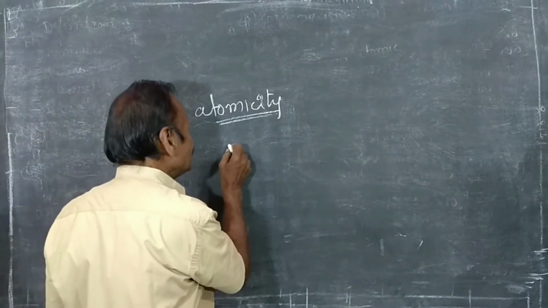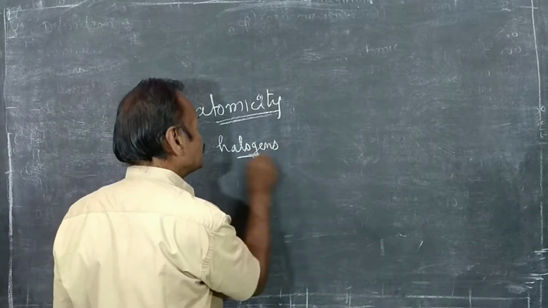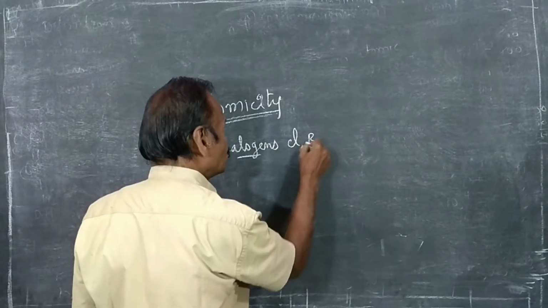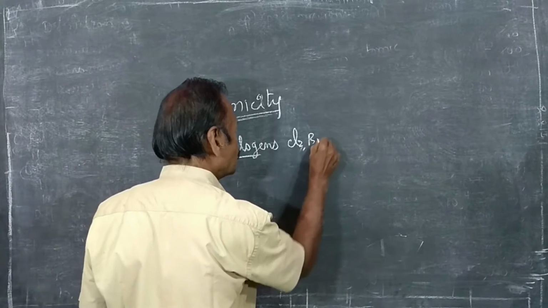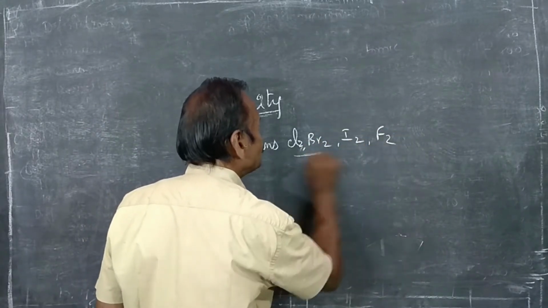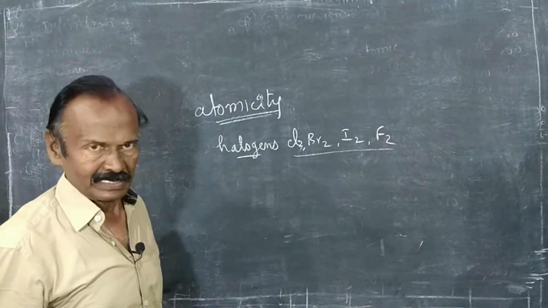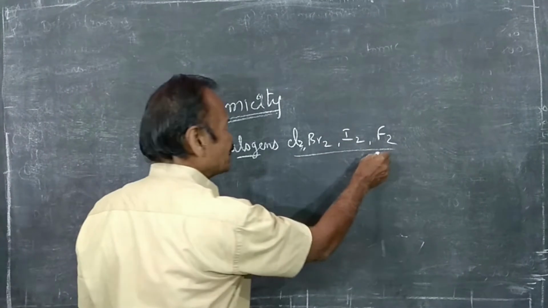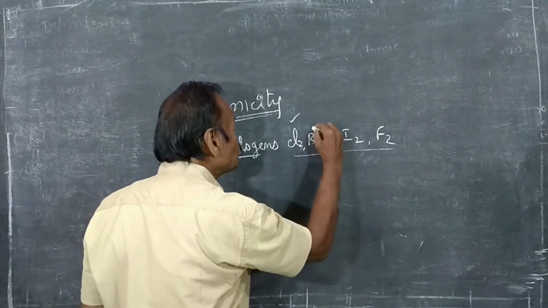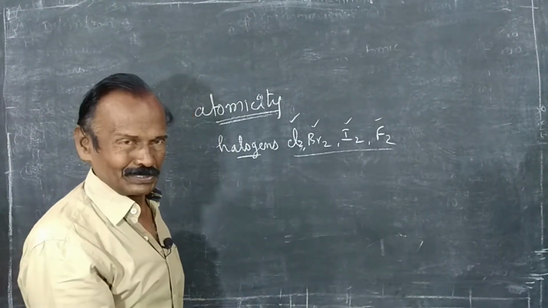Take for example halogens. What are halogens? Chlorine, bromine, iodine, fluorine. So these four elements are called halogens. These four elements have only two atoms in each molecule.